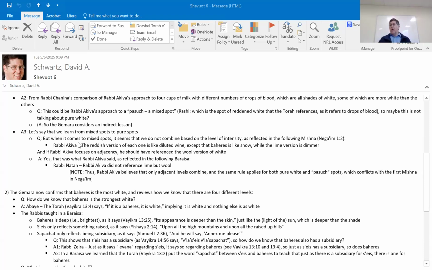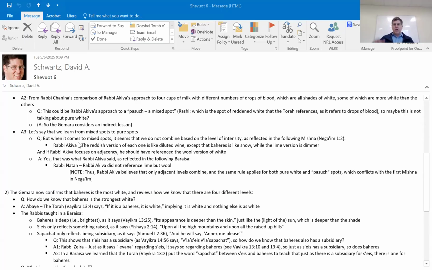And so we see that we combine 1 with 2 in connection with the Adam Dam situation, with the reddish hued situation. And so also we'll combine 1 with 2 and 2 with 3 and 3 with 4, also in the regular pure white situation. And so that shows that the first Mishnah in Negaim can't be like Rabbi Akiva.